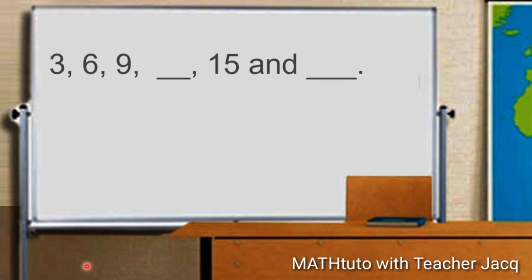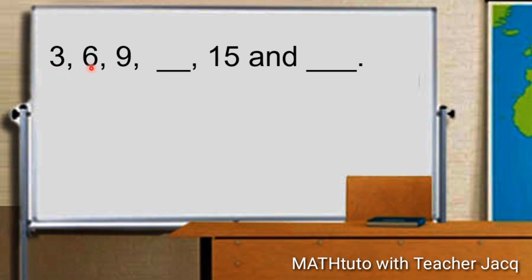Let's have our next given. We have 3, 6, 9, blank, 15, and blank. So to get the missing terms, let us get first the difference of our consecutive terms para malaman natin kung anong pattern yung ating gagamitin.